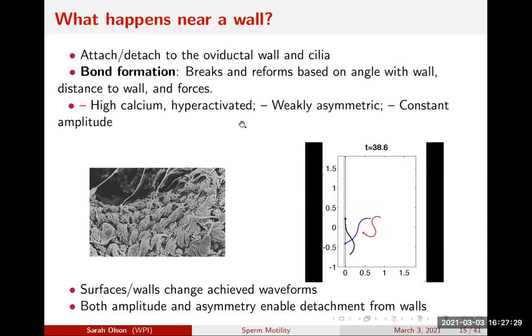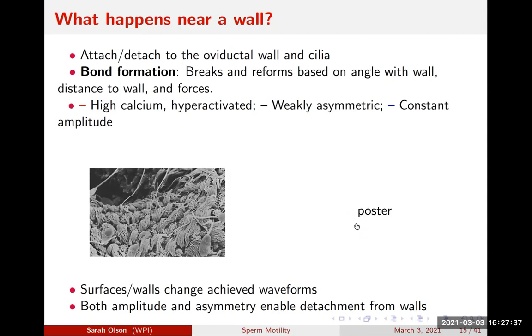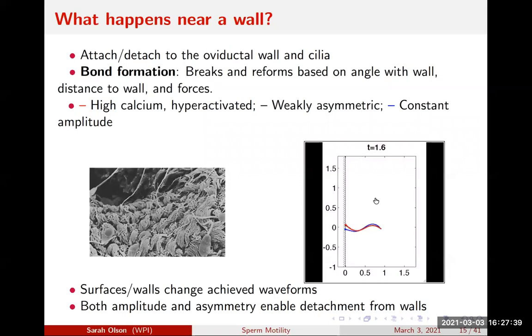In a similar setup, we have these 3 swimmers. Again, the high calcium one is the red one, and the others are the slightly asymmetric or no-calcium symmetric beat form. And we can see different types of beat forms being changed, different swimming patterns.